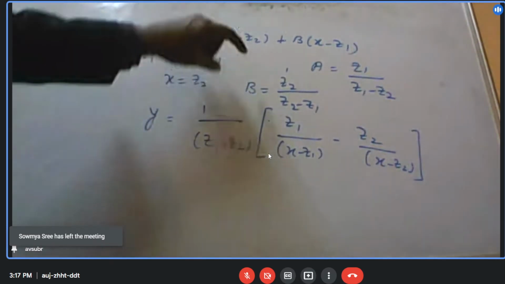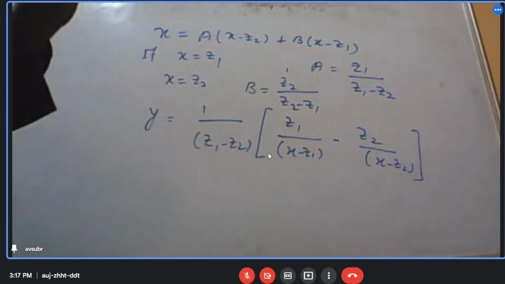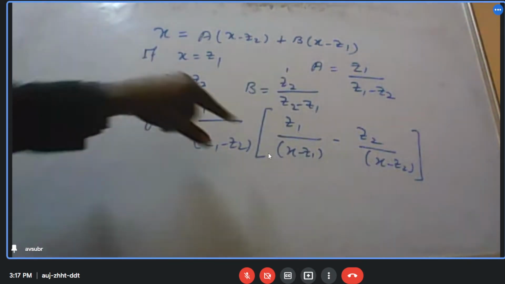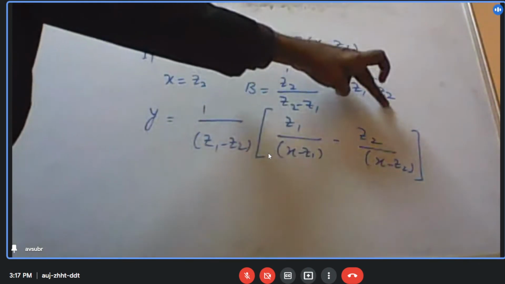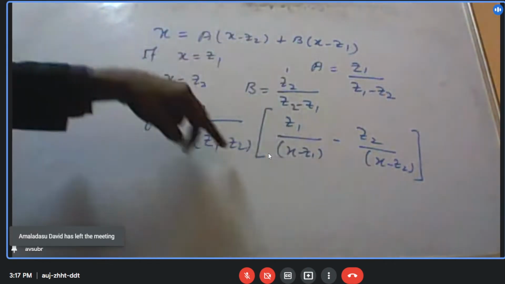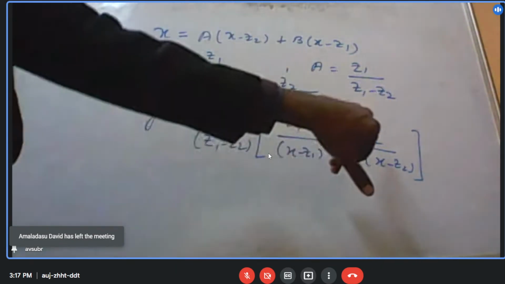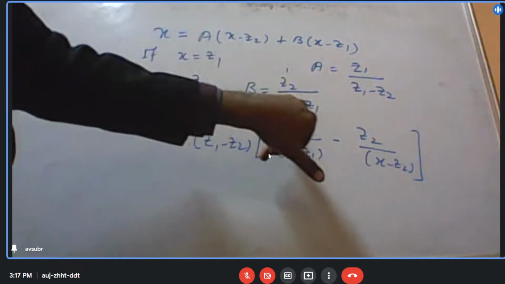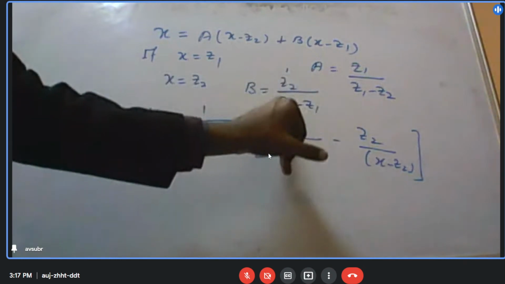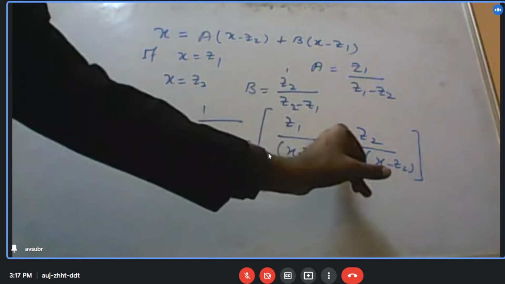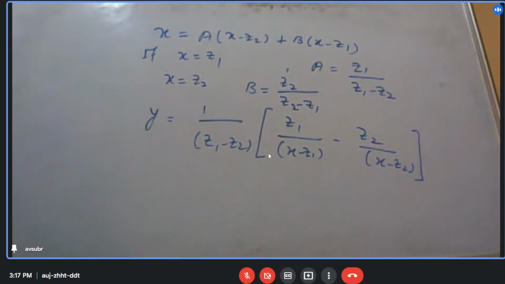In place of a and b we have put these values. So in place of a we have put z1 by z1 minus z2. Similarly, plus b. B means z2 by z2 minus z1. And because I am converting it into z1 minus z2, I take minus over here. So I can write it like this.